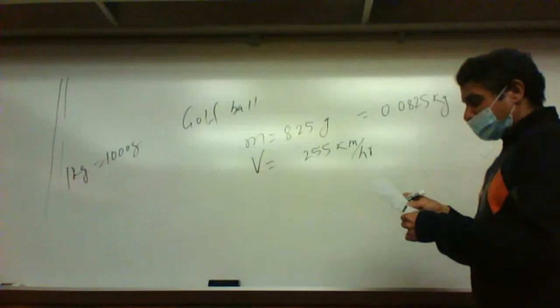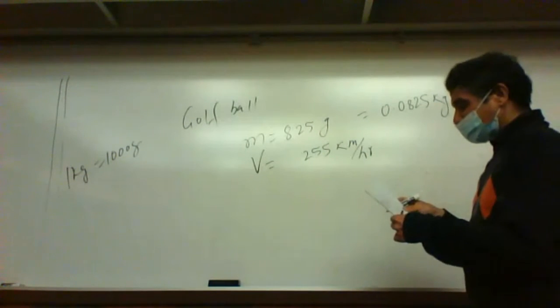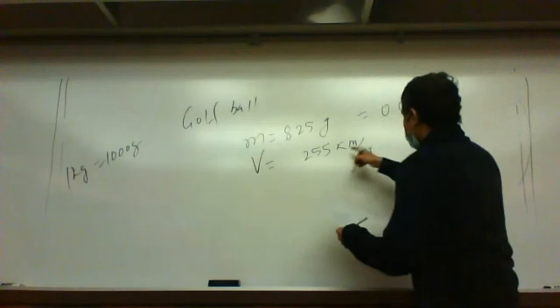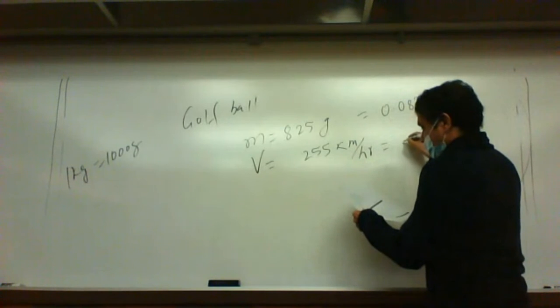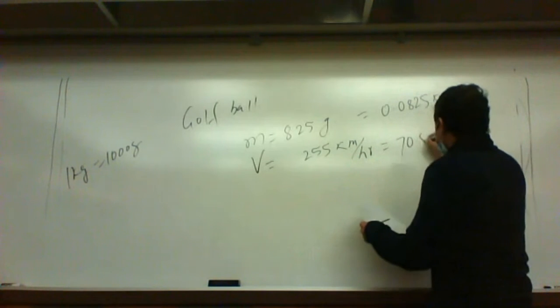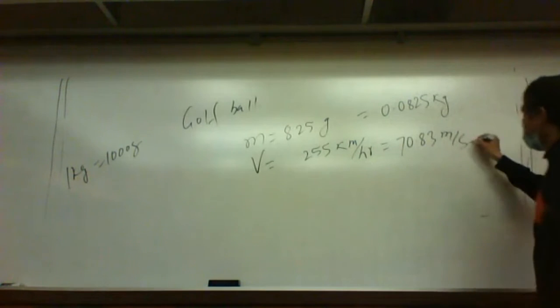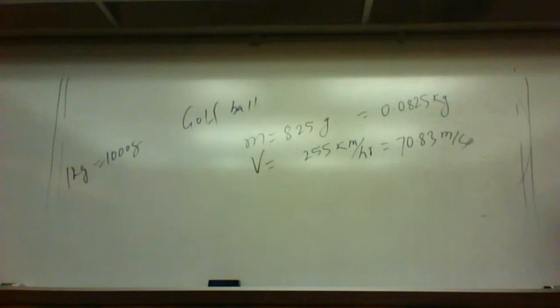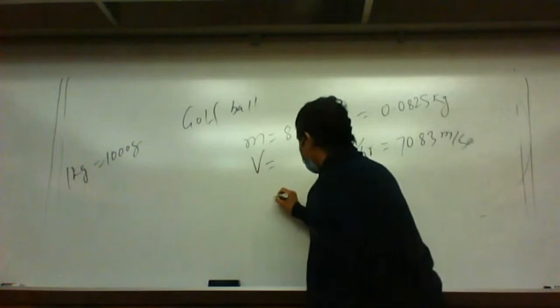By using this conversion factor, you can convert grams into kilograms. And then you can convert kilometers per hour into meters per second, and that would be 70.83 meters per second. Now we have mass and velocity. What is the wavelength of the golf ball?